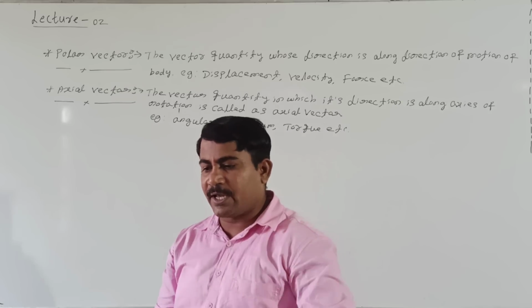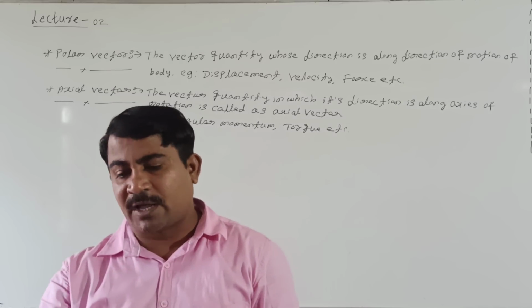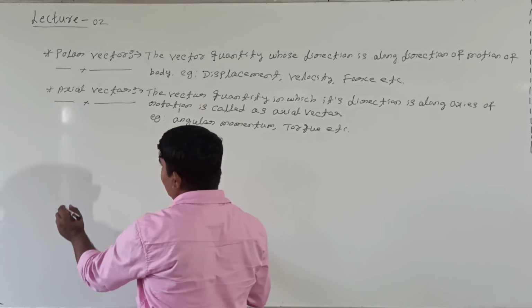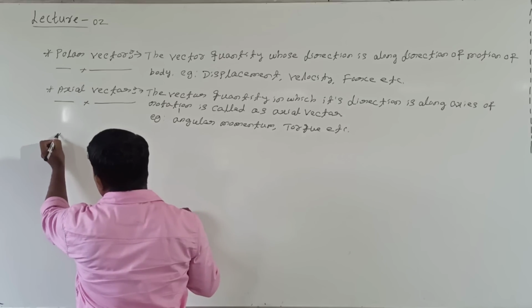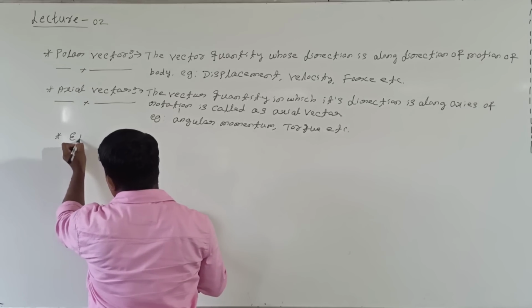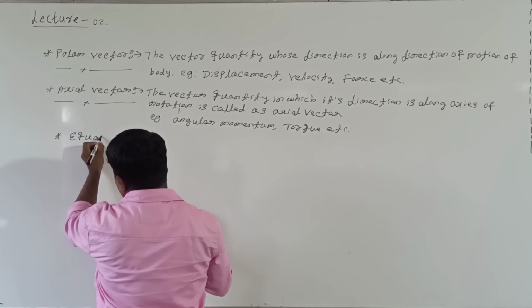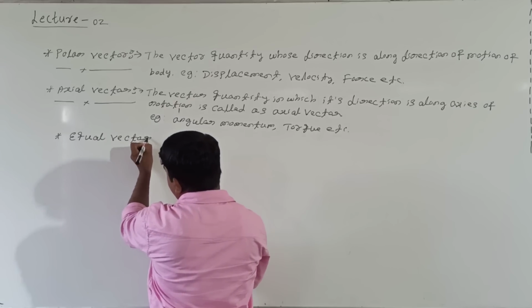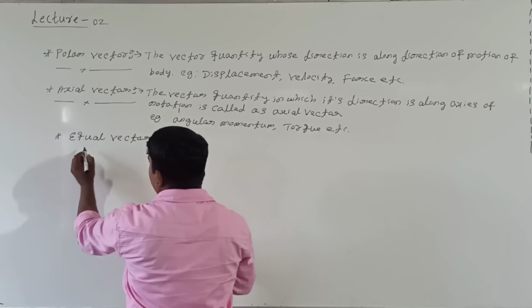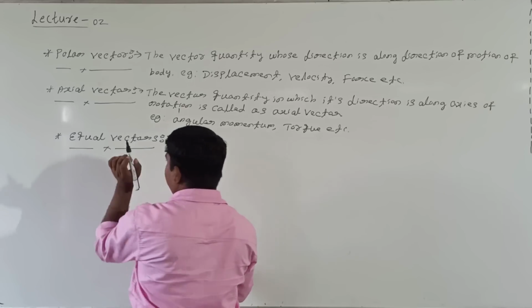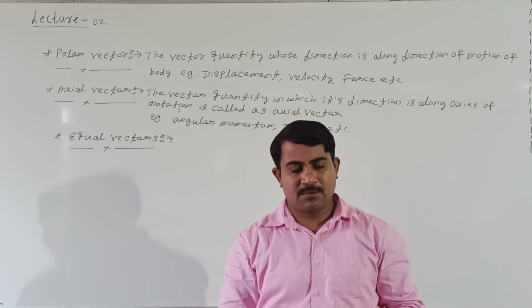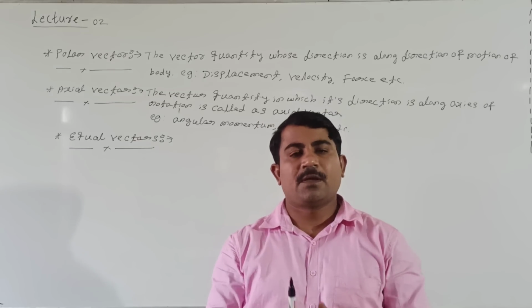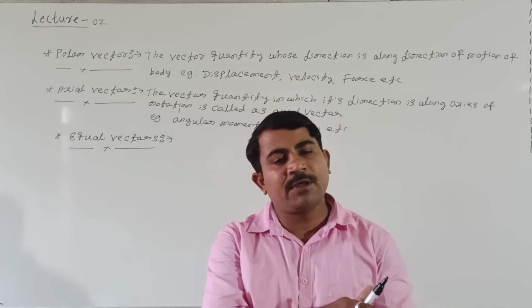After the axial vector, let us take one more type of vector that we are calling equal vectors. Two vectors are said to be equal if they have the same magnitude and the same direction.